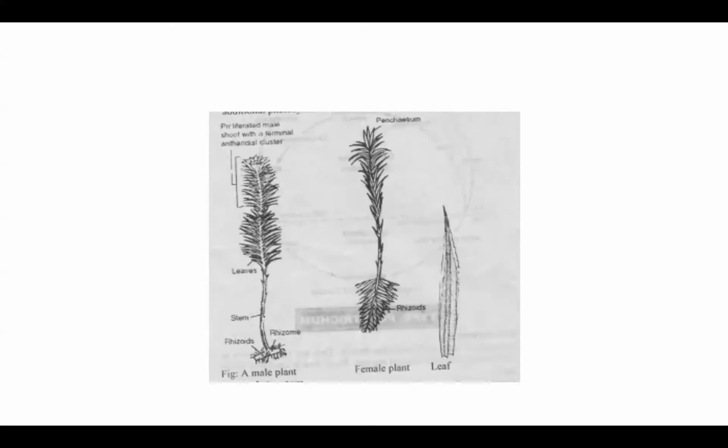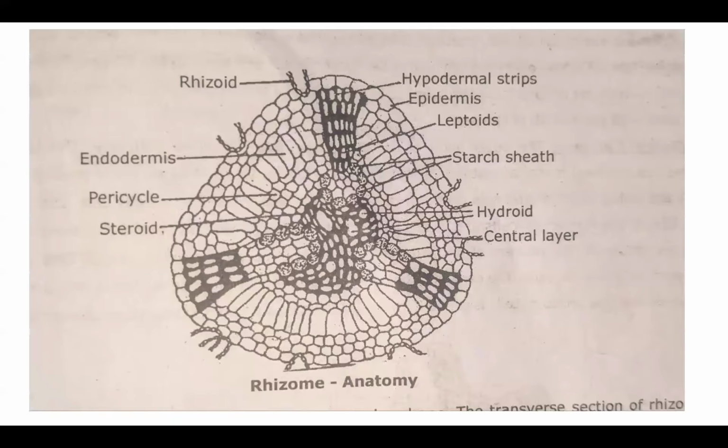Here you are seeing the difference between male and female plants, and beside that, the last diagram is the leaf. So the gametophyte consists of an underground rhizome with rhizoids, as well as an aerial stem-like structure, above which are spirally arranged leaves.